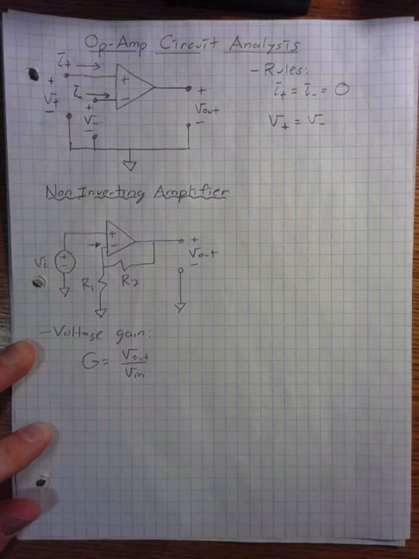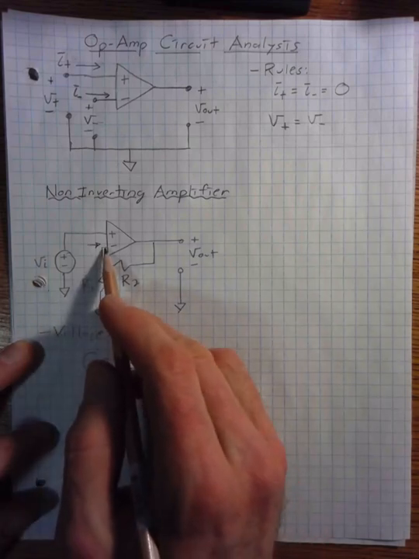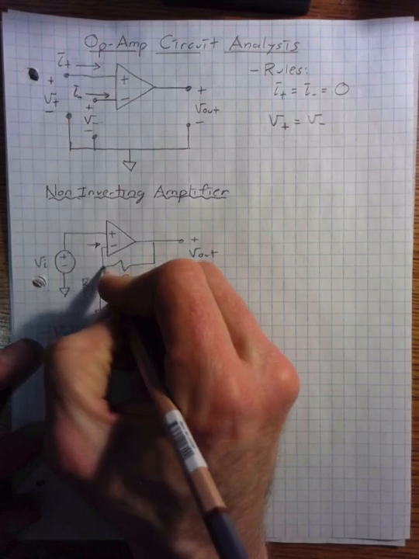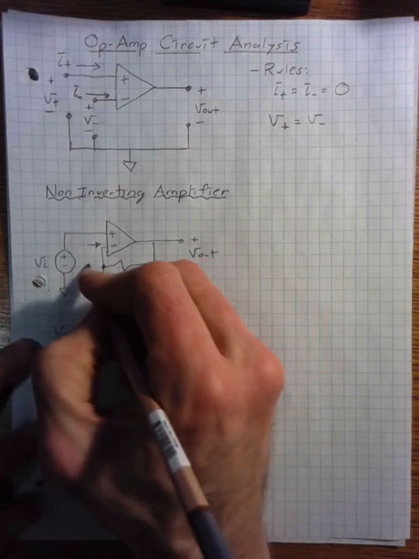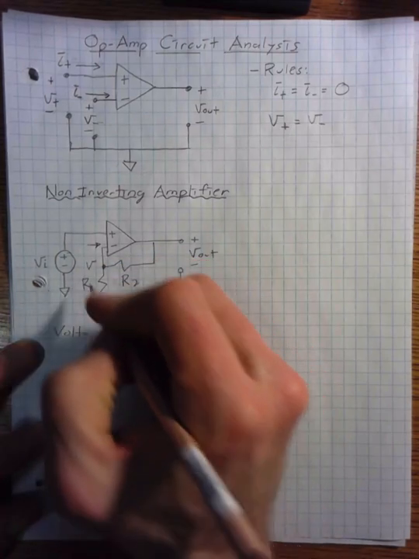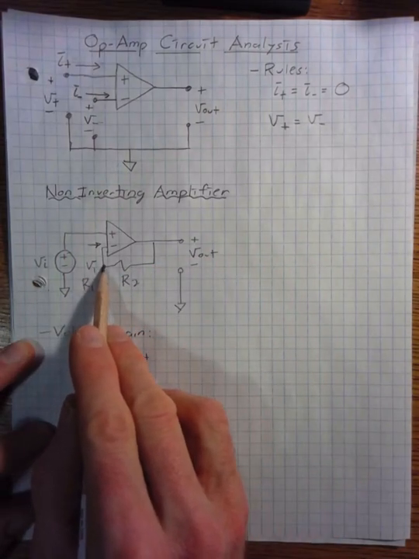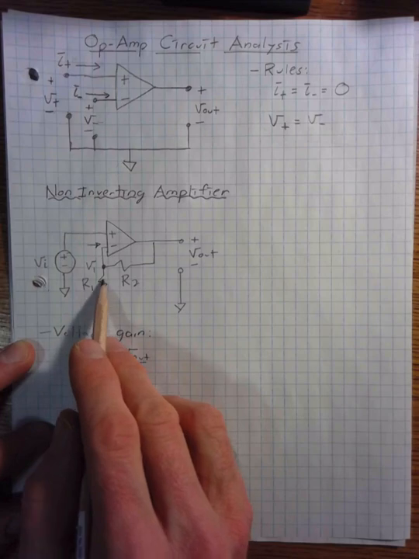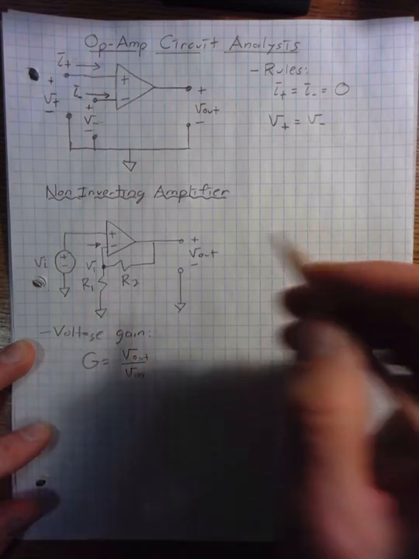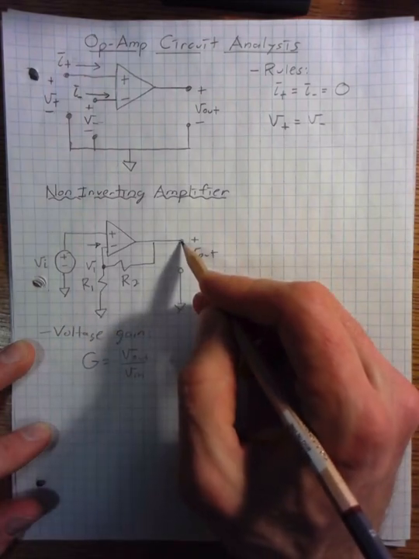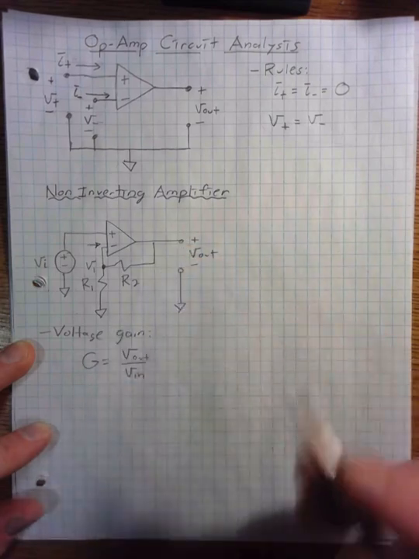Let's call this voltage V1. The voltage at node V1 can be calculated using the voltage divider rule, because the output from this node to ground is V out.